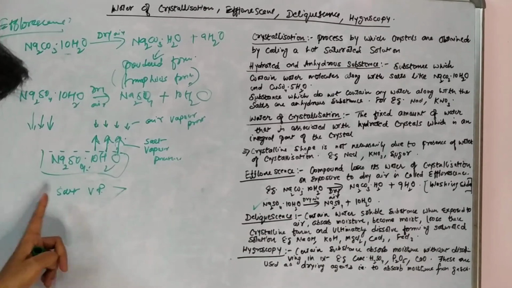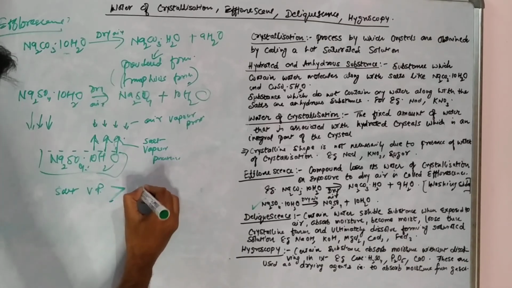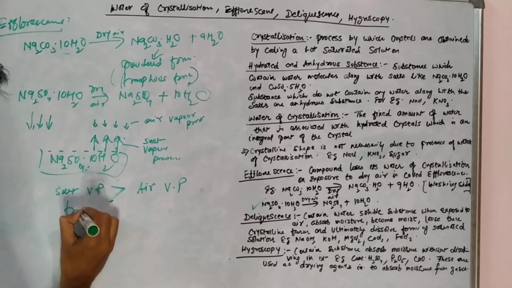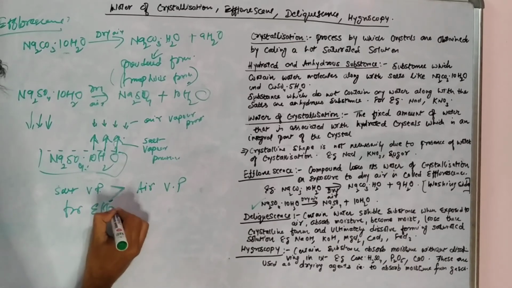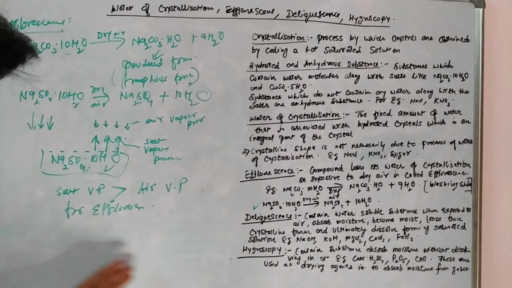So we say salt vapor pressure should be greater than air vapor pressure, right, for efflorescence. And when will this happen?